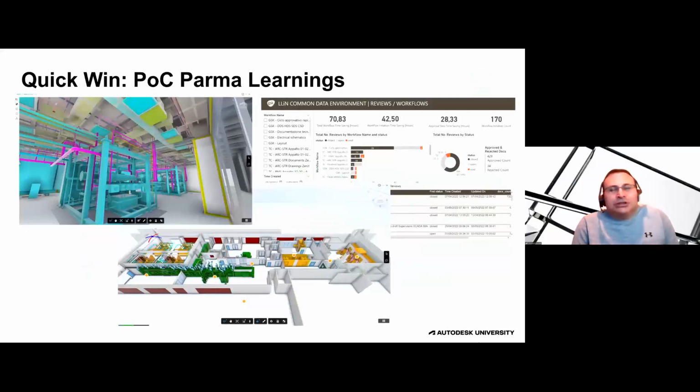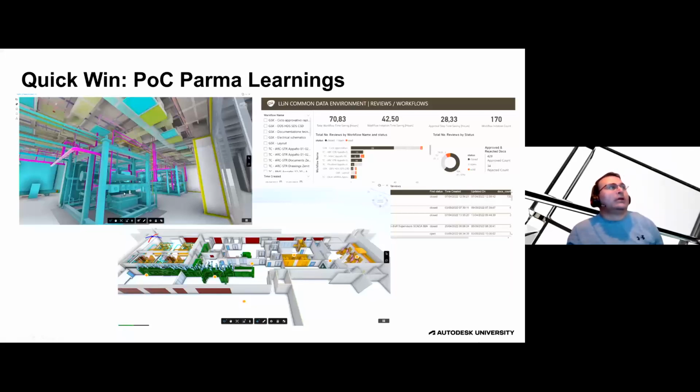Right, so I just want to quickly talk about one of the POCs that we ran. This was done in Parma, in one of our manufacturing sites, where we deployed and launched for the first time our CDE, the Common Data Environment, for the design, manufacture and construction of a new facility. And just 3 images to show the three main benefits that we got from that.